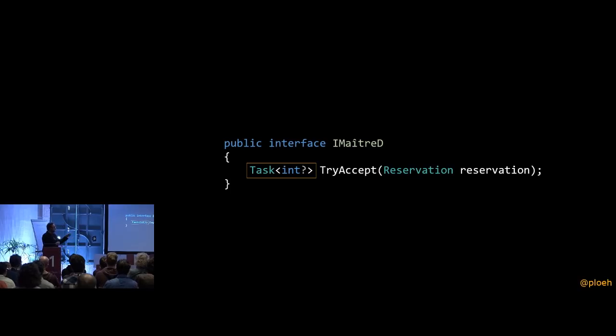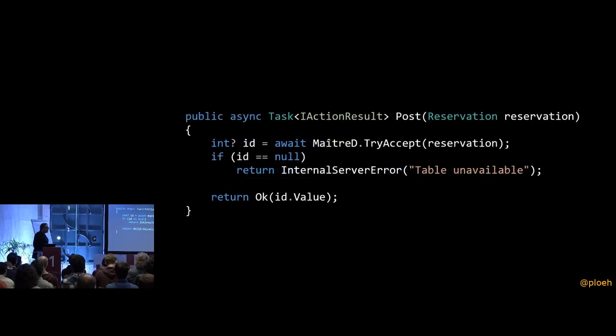But this thing here, this is my domain model, and I see absolutely no compelling reason why my domain model has to be asynchronous, but now it does because of an implementation detail. So this bothers me. But let's just move on and see if there's more work to do.